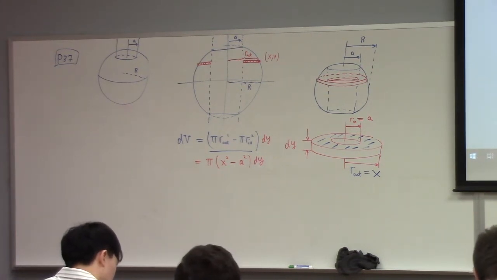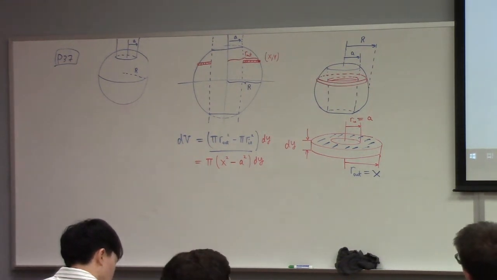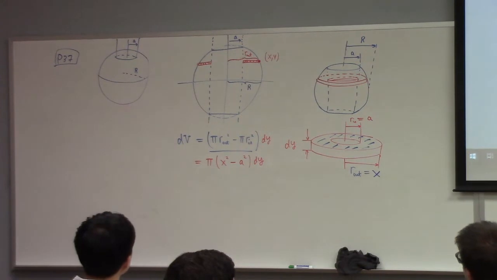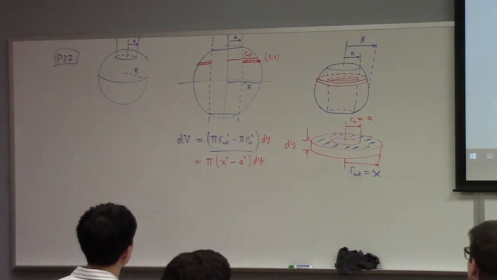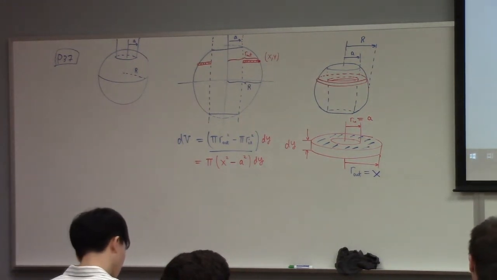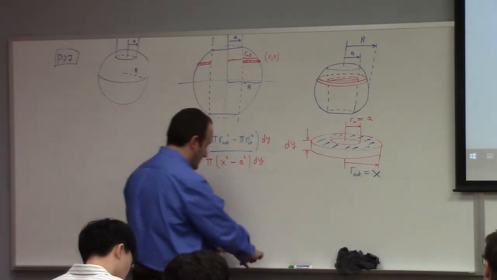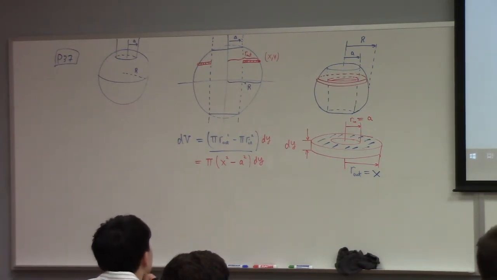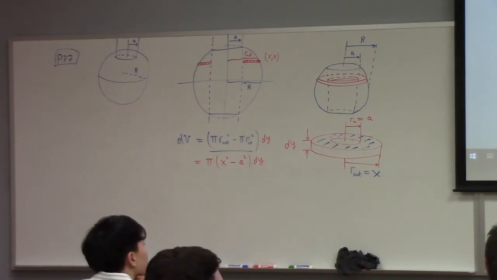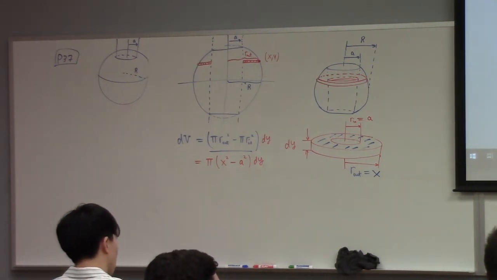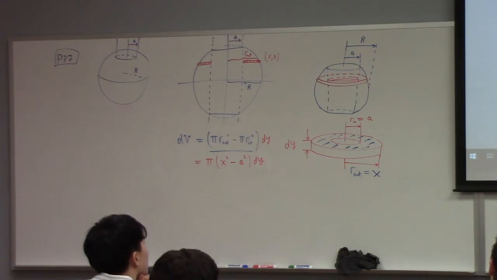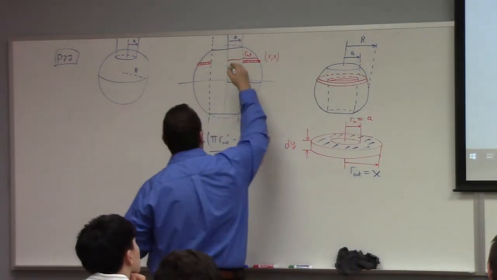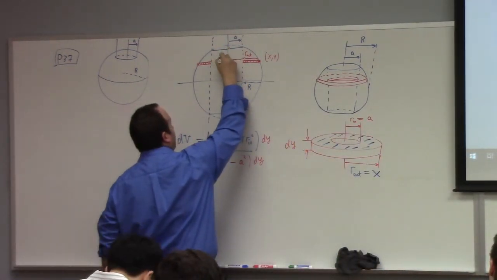What does dy tell you? It tells you that you need to do an integration over y. What should y range over? Negative r to r would make sense if it was the whole sphere, but it's not. All right, there's a max y up here.